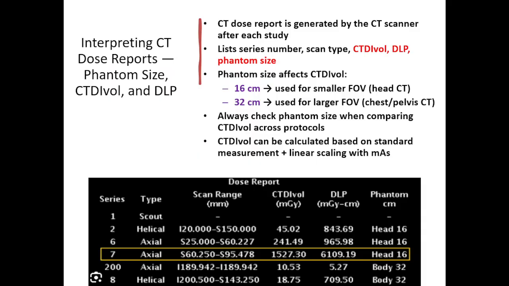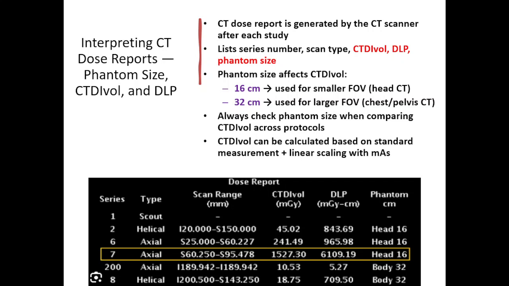How to interpret the CT dose reports? Now let's take a look at a real-world example, a CT dose report. This report is generated by the scanner after each study, and it typically lists series number, scan type, CTDIvol, DLP, and the phantom size used.